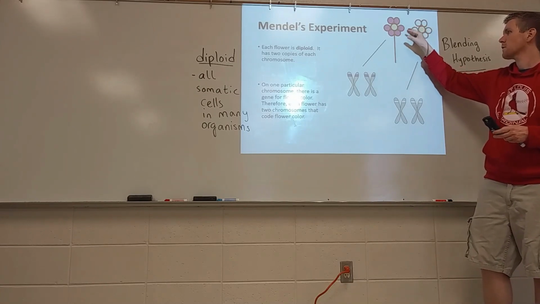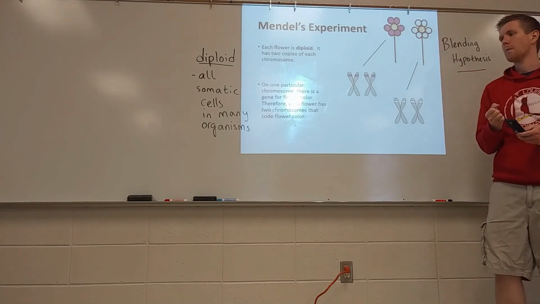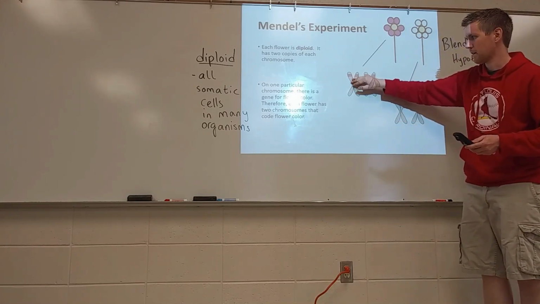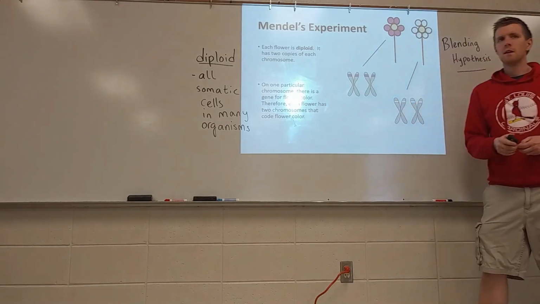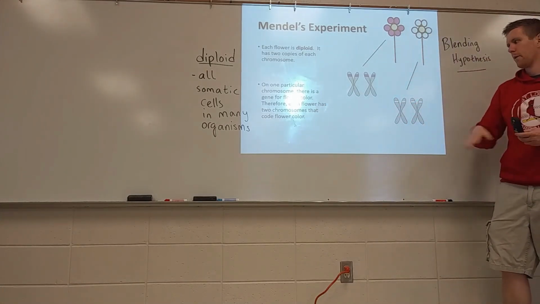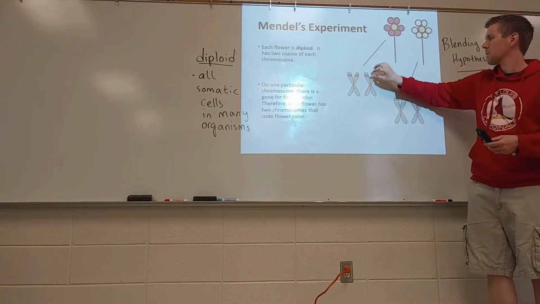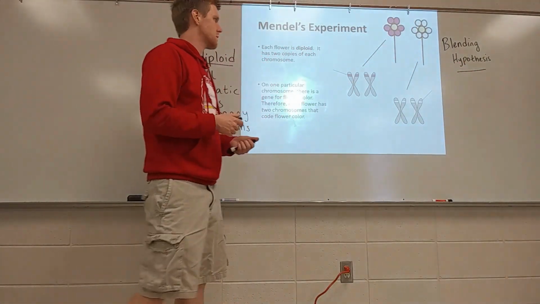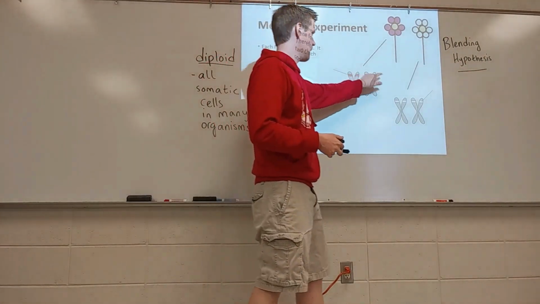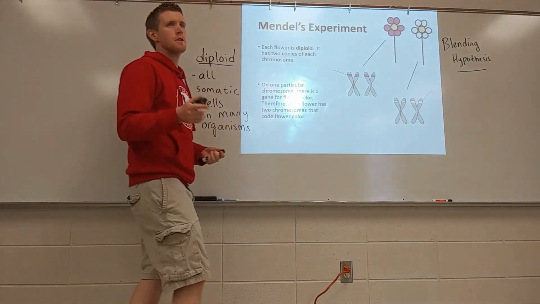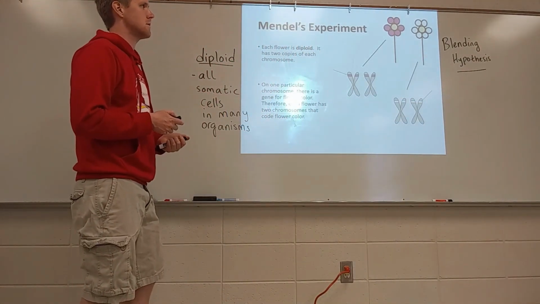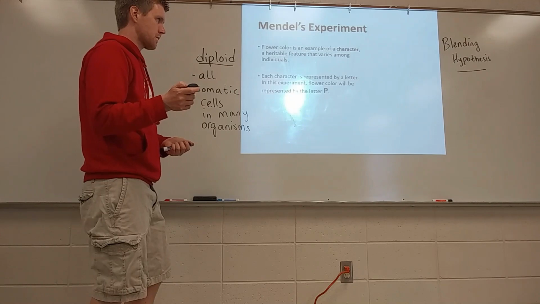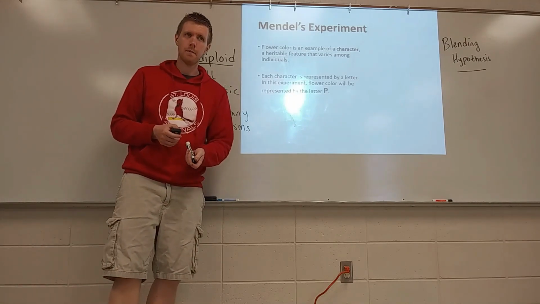Since the flower itself is diploid, it has two copies of that gene for flower color. It's got the copy here, it's got the copy here. Each flower has two copies that code for the color of the flower. The white flower has two, purple flower has two as well. Notice how I've used different colors to represent the genes for flower color in the two different colors of pea plant. That's because they have different versions of that particular gene.